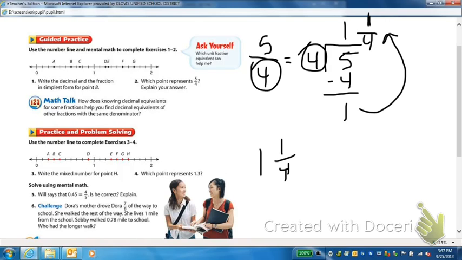Now this is one that we learned, that 1/4 as a decimal is saying 1 out of 4. So that's saying 1 and 25 hundredths, or 1.25. So now we're looking for this on the number line.